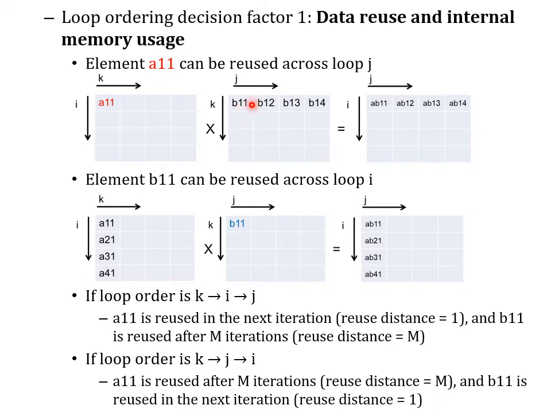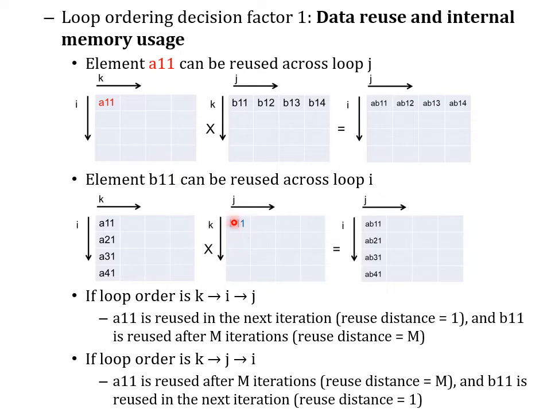So the reuse distance for A11 is going to be 1, 2, 3, 4, so m iterations later, because it'll be accessed m iterations later to be multiplied with the B12. So the reuse distance for A11 when the loop order is KJI is going to be m. Okay, let's look at it from the B11.